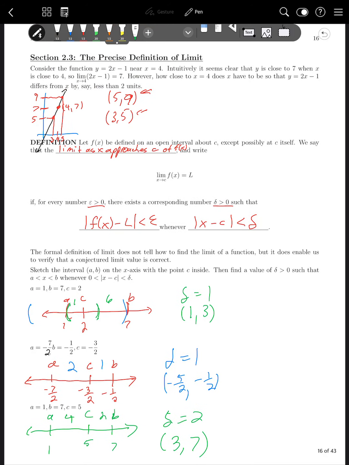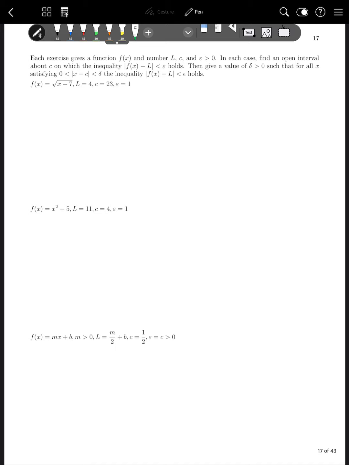So the next thing we want to be able to do is find delta values given a fixed epsilon, before we start building into the idea of doing this in general, when we don't know exactly what our epsilon is. So what we're given here is, for each exercise, a function f of x, the numbers L, C, and an epsilon greater than 0.